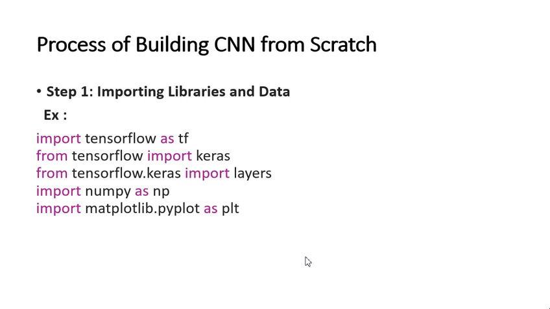Import the model, and if you want to import anything required, like dense layers, convolutional 2D, or any other layers, whatever is required, you need to import all those libraries. I just want to show as step one what should be there at least. So in step one, you need to import the libraries.